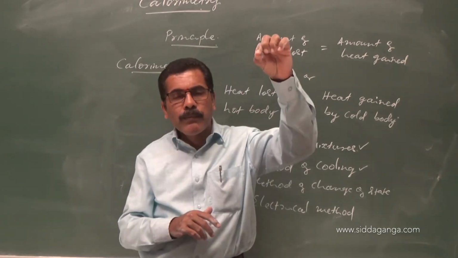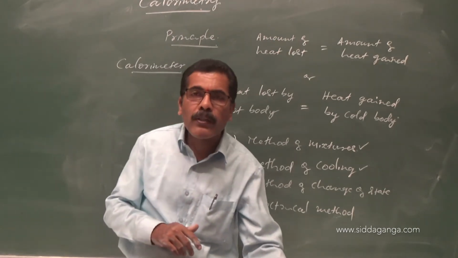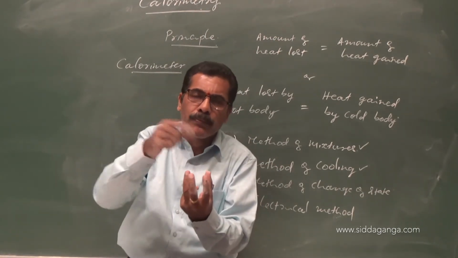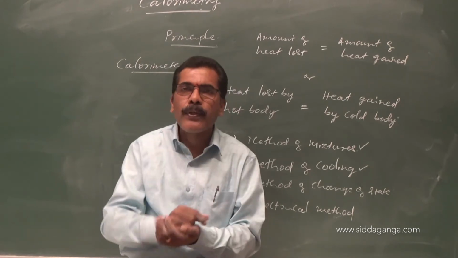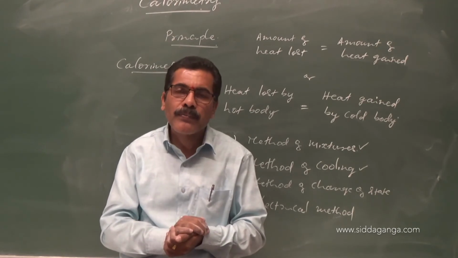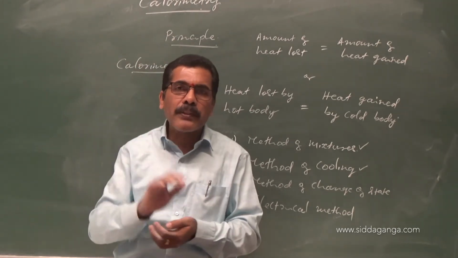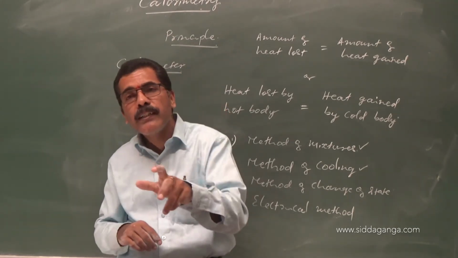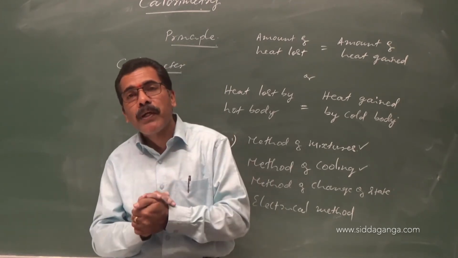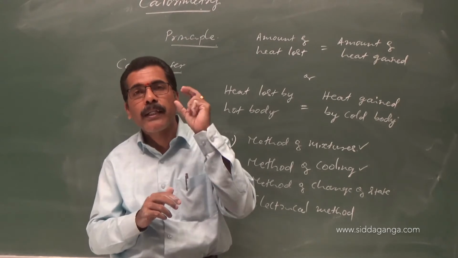Now take out the iron sphere and quickly transfer it to the water taken inside this calorimeter. Then stir them inside the box. Consider the heat lost by the sphere and the heat gained by the water. Find out the final temperature of the water. Using that final temperature, you can determine the specific heat capacity of the iron sphere.